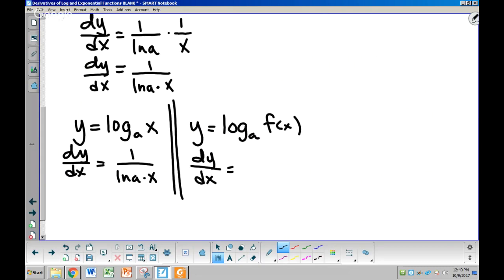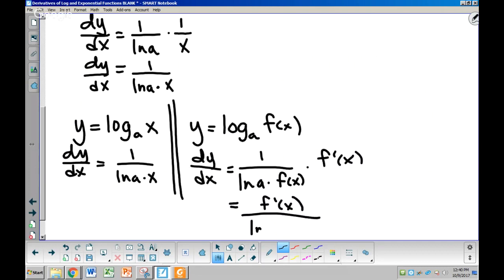What's the only thing different? Instead of x on the bottom, it would be 1 over the natural log of a times f of x times the derivative of the inside, which is f prime of x. And most people will write this as f prime of x over the natural log of a times f of x.